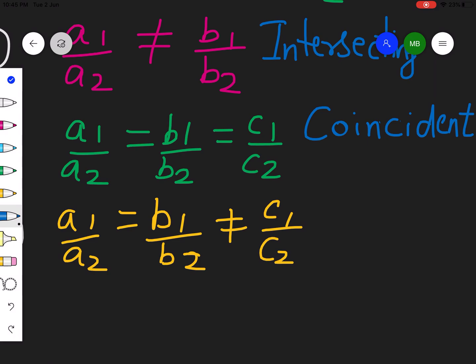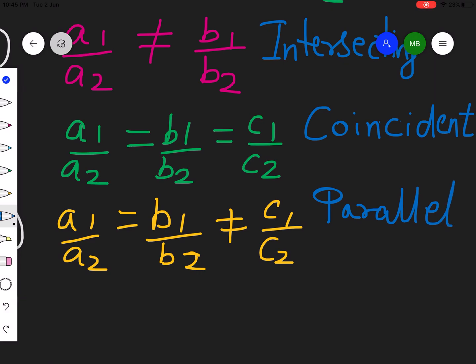And if the ratio of coefficients of x is the same as the ratio of coefficients of y but not the same as the ratio of the constant terms, that means your lines will have no point in common and these will be parallel lines.